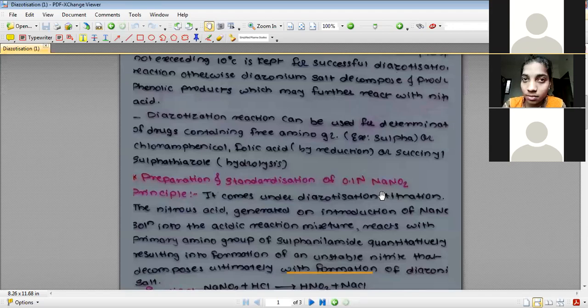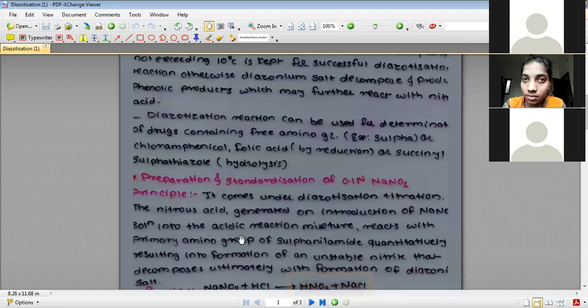Next is the principle behind the standardization procedure of sodium nitrite. In the principle, what type of titration it is, which indicator and which extra reagent we used will be covered. For 0.1 normal sodium nitrite, it comes under the diazotization type of titration. What is the basic principle of diazotization titration?